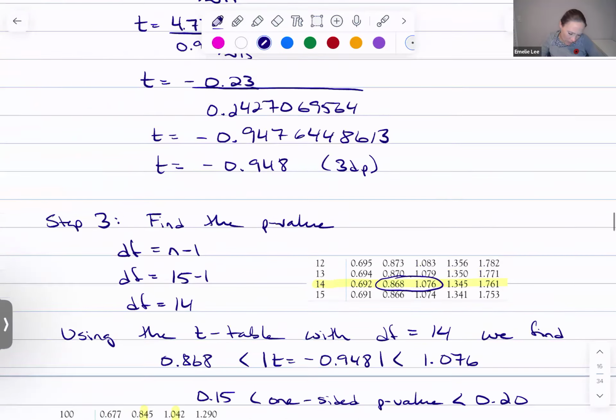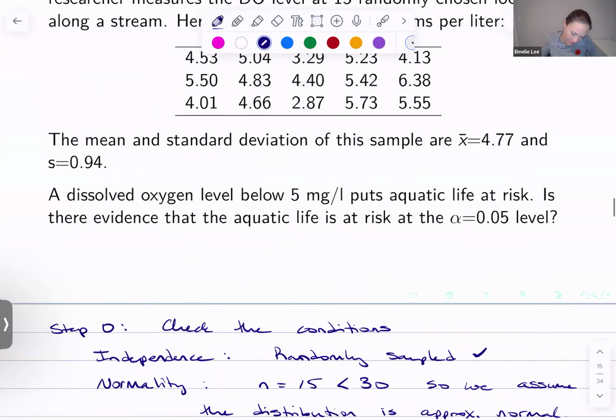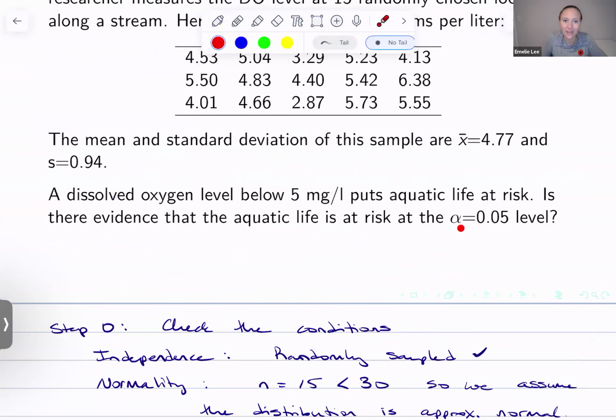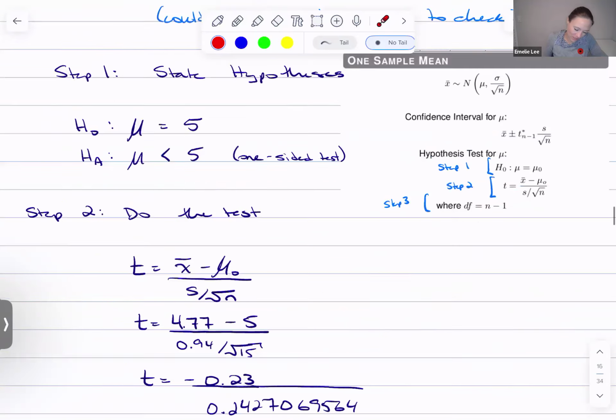And I think we were told an alpha level. Let me just confirm here. Aha. If there was nothing stated, we would assume 0.05 anyways. But here it is stated, so you just want to check to make sure that you have the right one.